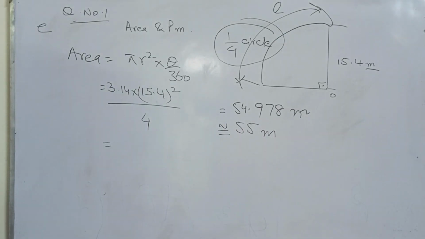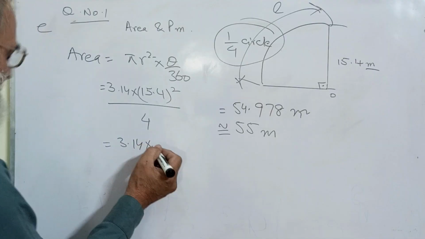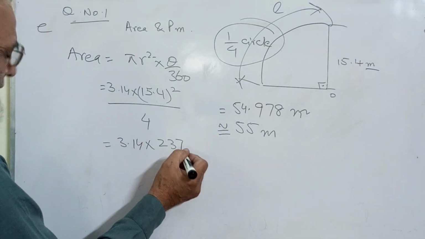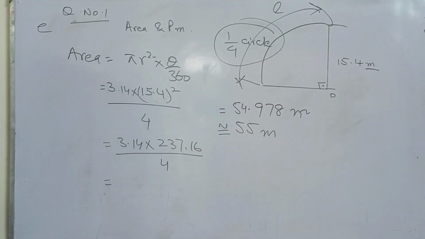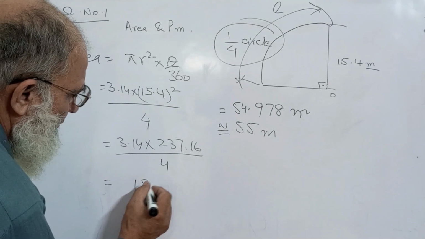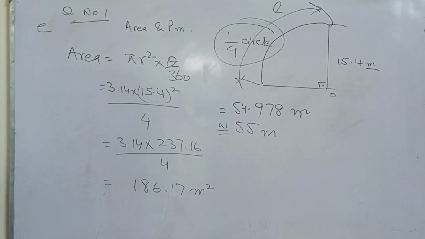The square of 15.4 is 237.16. So 3.14 multiplied by 237.16 divided by 4 gives 186.17 meter square.